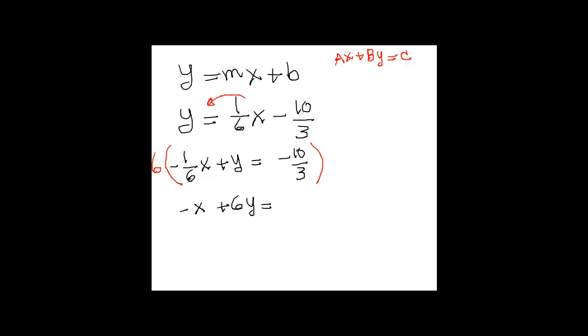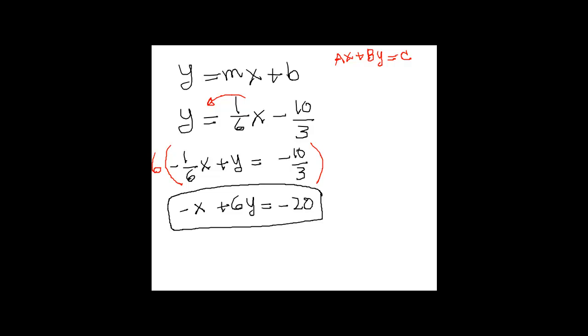Then this would be 6 divided by 3 would be 2 times negative 10 would be minus 20. This would be the general form. Okay, can I see check mark instead of X mark if you can follow the format? That's what the general form is all about, or standard form.